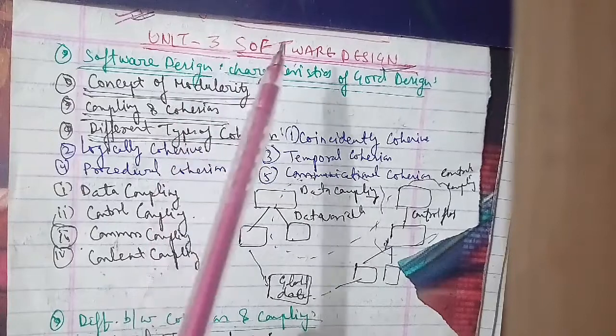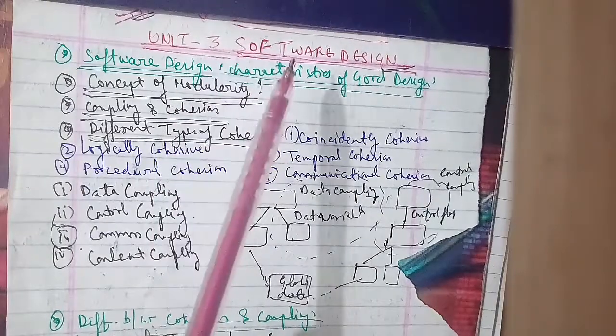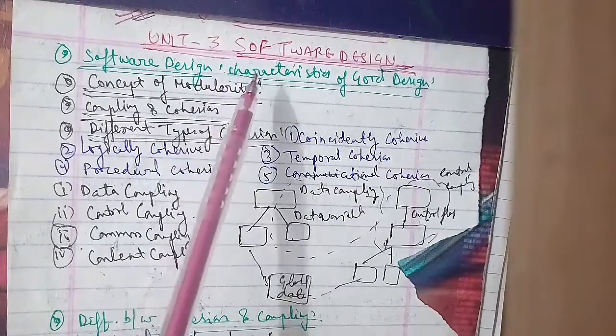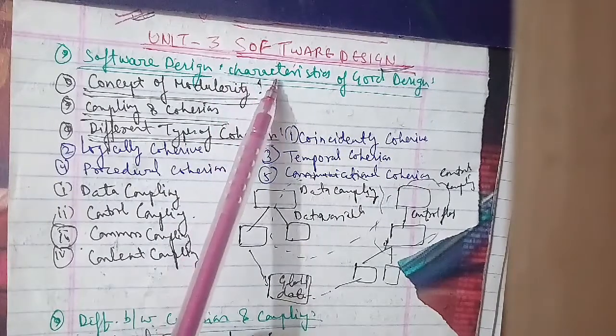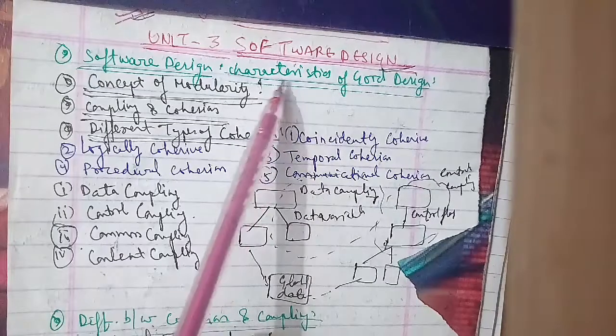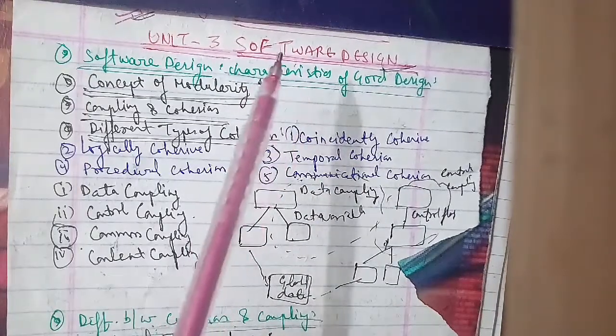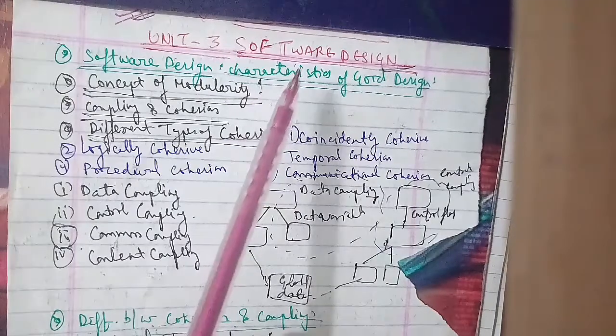The third characteristic is that the design should be comprehensive, which means that it should provide a complete picture of the software, addressing the data, functional and behavioral domain from an implementation perspective as well.